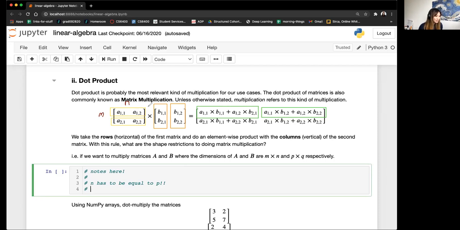And then for this matrix, P is the number of rows here, and then Q is this number of columns. So N and P have to match. Basically, the number of elements in each row for the first matrix and the number of elements in each column have to match up.